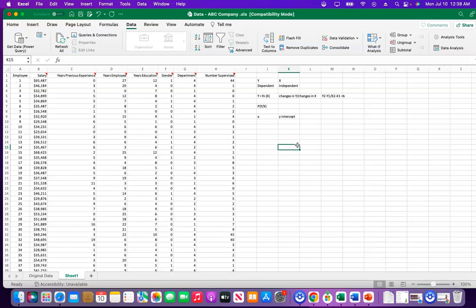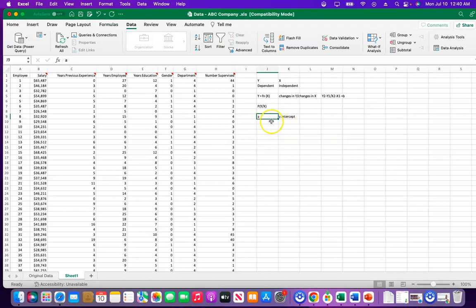This is the amount which an employee will earn regardless of any changes, let's say years of experience, years employed, education, gender, department, and or number supervised. It is the value that occurs without depending on any change from any variable. But if you have education and some other features, then they will add to that minimum wage. That's what we call the y-intercept, and we can write it as a in this case.